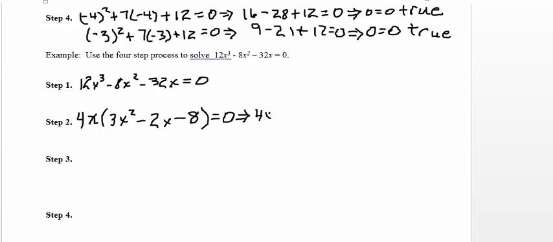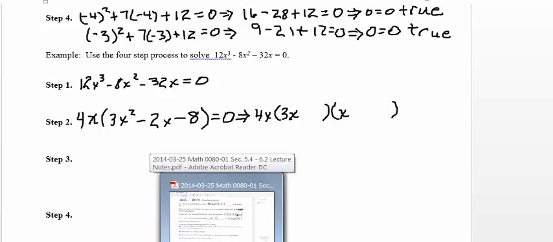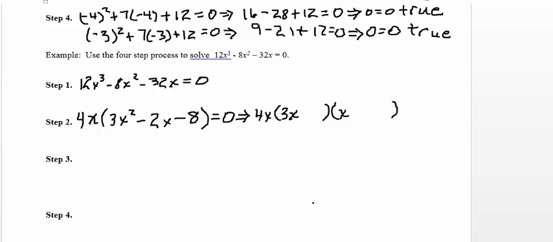So I recopy the 4x and I factor the polynomial into 3x plus 4 times x minus 2.